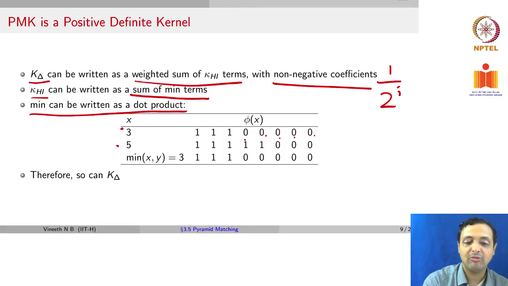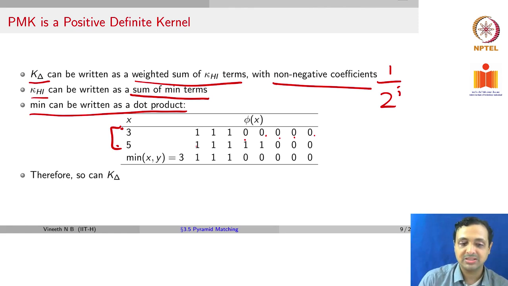Similarly for 5, I have 1s in the first 5 indices followed by 3 zeros. Now the min of these two values, which is 3, is simply a dot product between these two binary vectors, which means I can write min as a dot product.